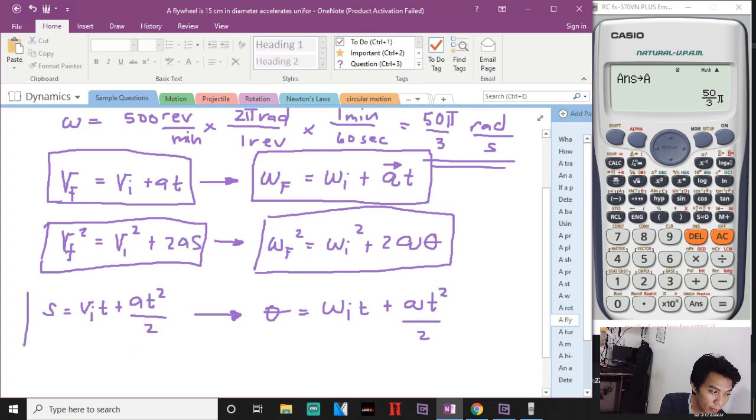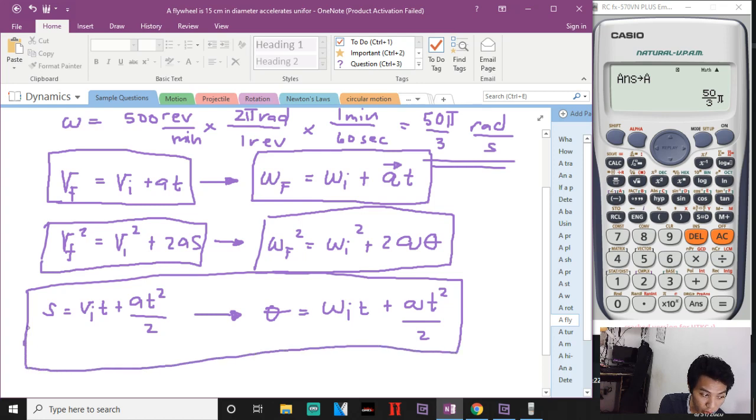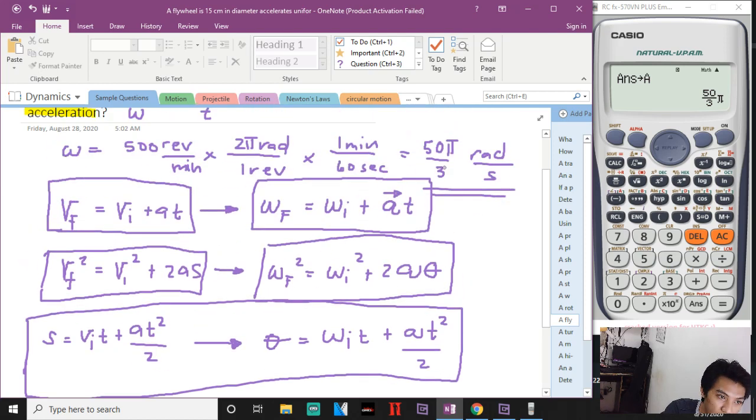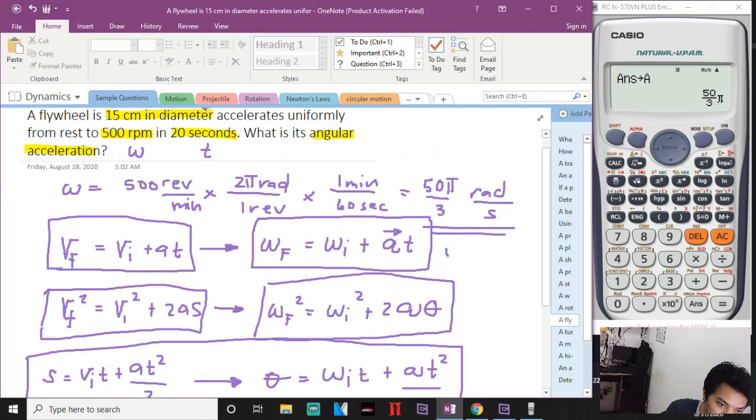So, ito na yung mga formula natin na kailangan nating tandaan pag circular motion. Ganun lang kadali yun. Okay. So, we can solve na yung value for acceleration. So, we'll use this one. Okay? Take note. Ito yung gagamitin natin.